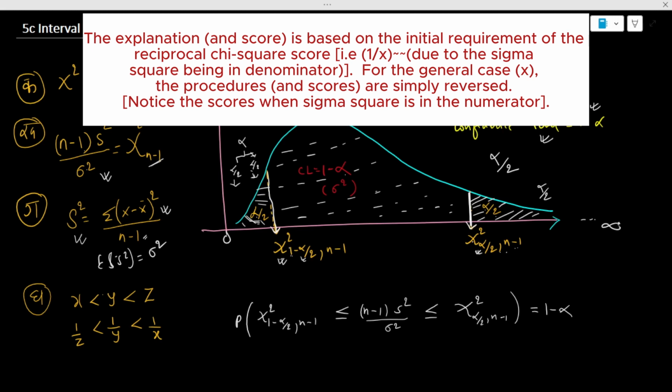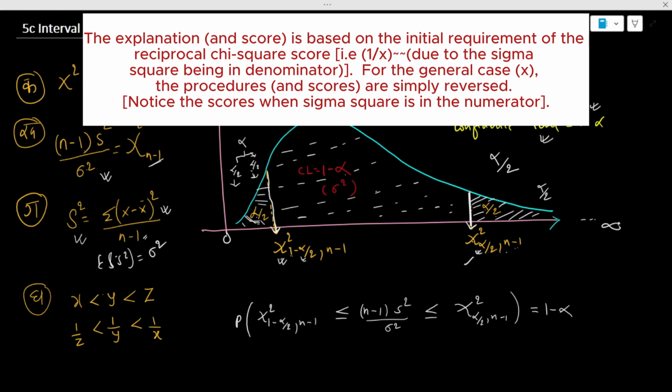If we set our type 1 error to be 10%, first of all we divide it by 2, so alpha by 2 is equal to 5%. So the areas on the extreme left and extreme right are 5% each, and in between we are left with 90%. So the confidence level is equal to 90%. How do we calculate the scores?